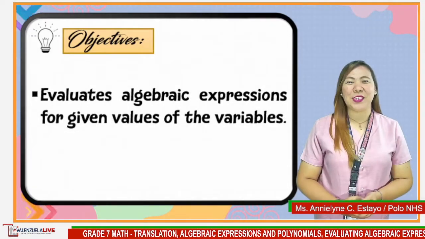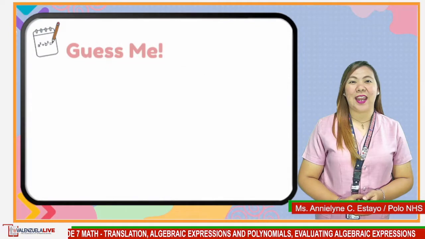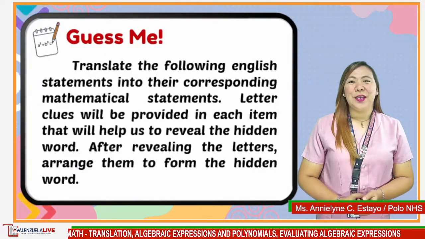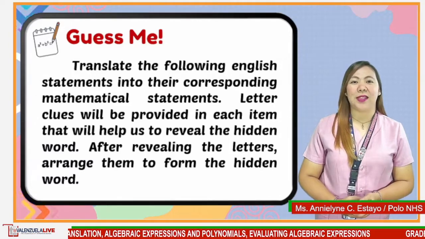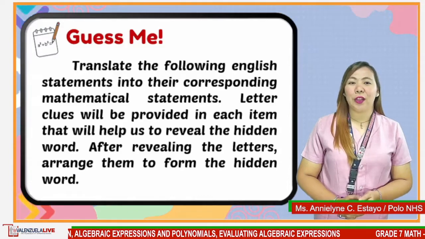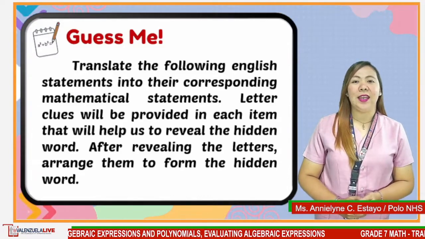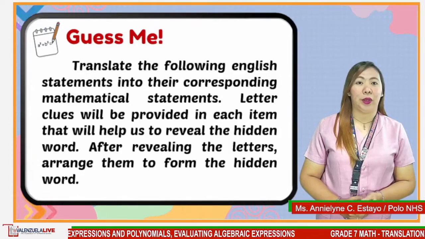Before we proceed to our lesson, let us have an activity first entitled Guess Me. You must rewrite or translate the following English statements into their corresponding mathematical statements. Letter clues will be provided in each item that will help us to reveal the hidden word.